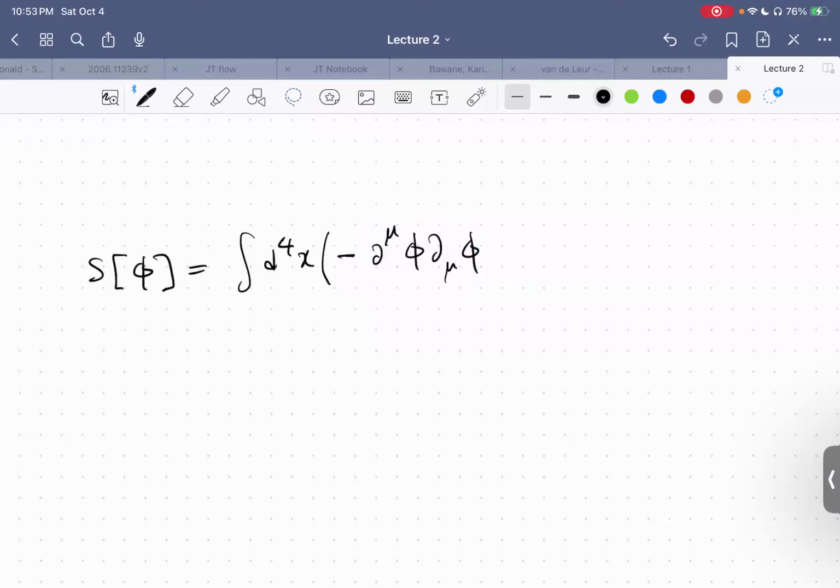There are various conventions about signs, so it's not super important. You can pick something you like. Okay, so this is a well-defined action for a scalar field in 4 dimensions. I'm sure you're familiar with tensor notations, right?